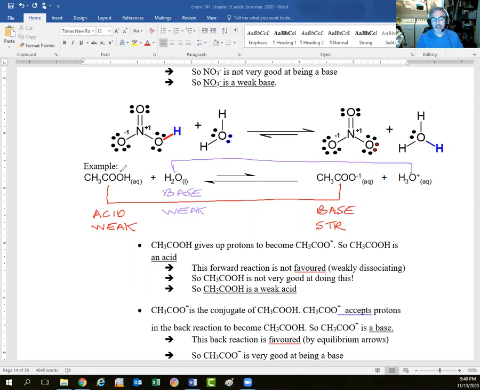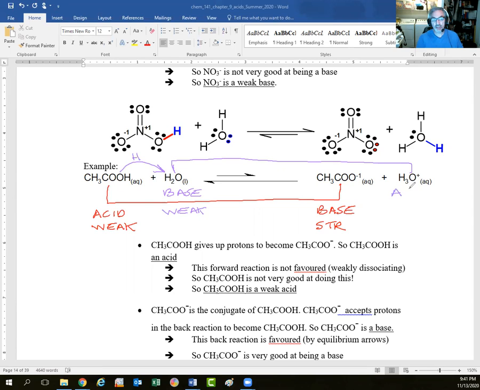Here's a proton transfer in the forward reaction from the acetic acid to the water. Its conjugate partner, hydronium, starts like this, and to get back to water, it's got to give away a proton.